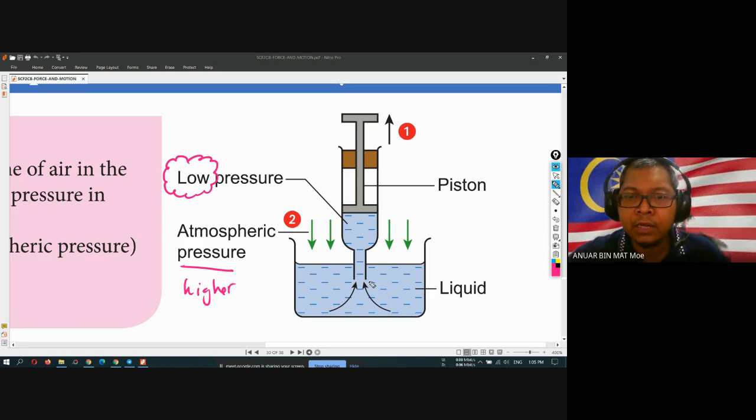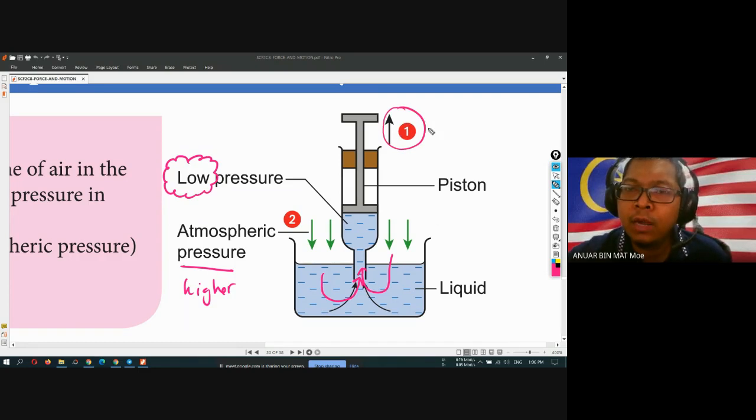So what happened to the liquid? Because of the difference in pressure inside and outside the syringe, the atmospheric pressure is higher, so the liquid will be sucked into the syringe. This is action number one.